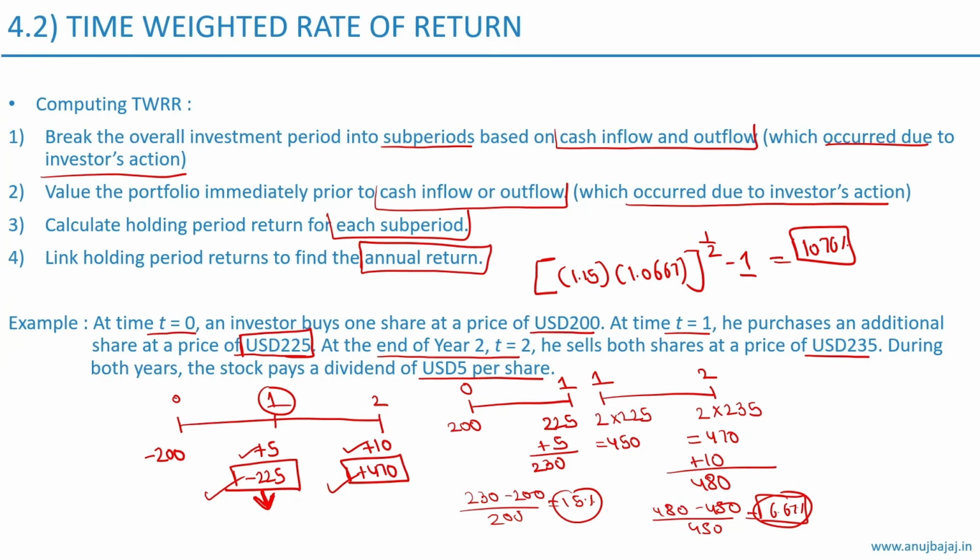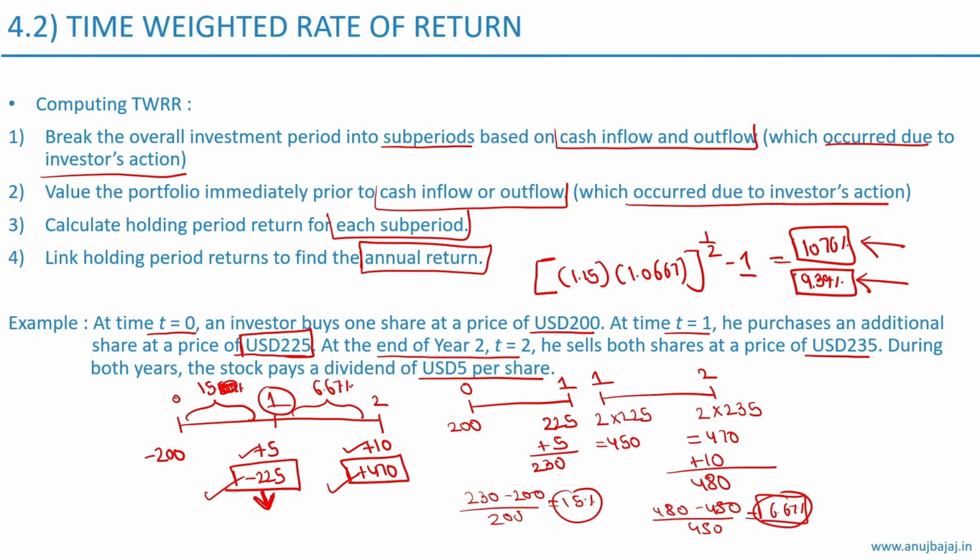If you remember, for the same example, we calculated the money weighted rate of return and it was 9.39%. So the difference between the time weighted rate of return and the money weighted rate of return is due to the fact that during year 1, when the portfolio earned 15% return, the investor had only one stock in it, but when the portfolio performed relatively poorly, when it earned just 6.67%, the investor had two stocks in the portfolio.